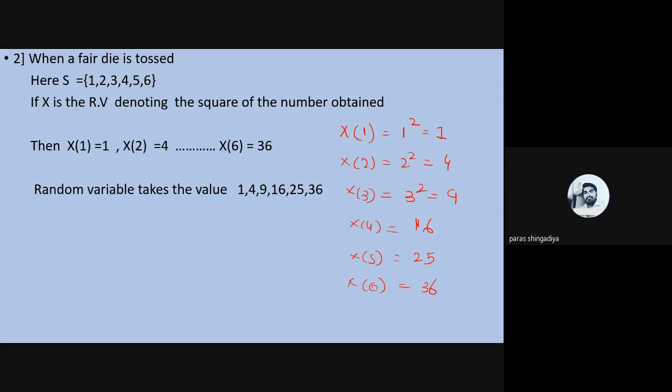Why is it real valued? Check the output values, these are 4 6 9 13, okay, these are all real values, it is from the real line, so it is called a real valued function, clear, so x is a real valued function that considers the values from the sample space of any random experiment, okay, so that is called a random variable.